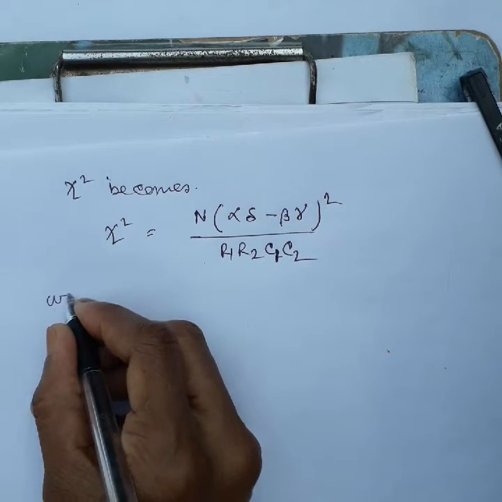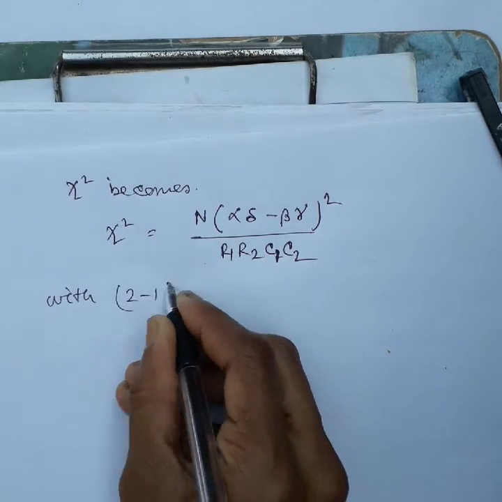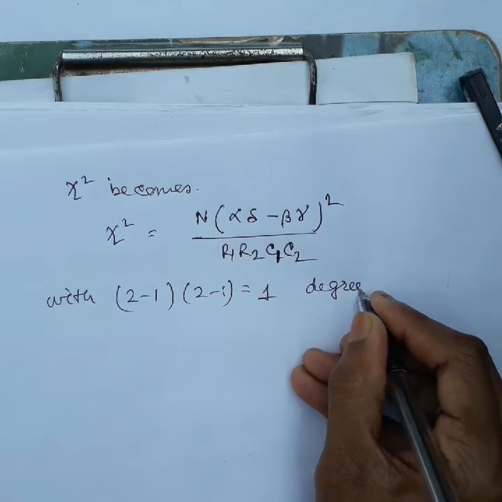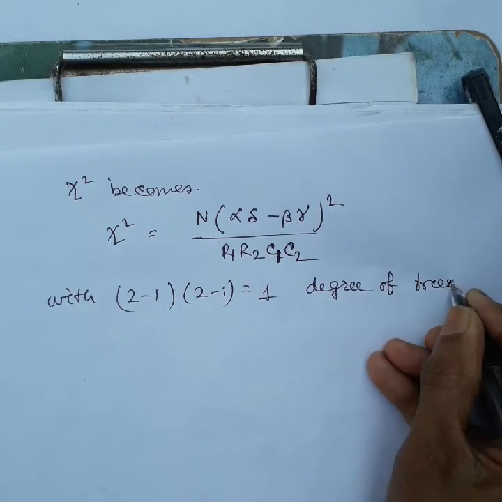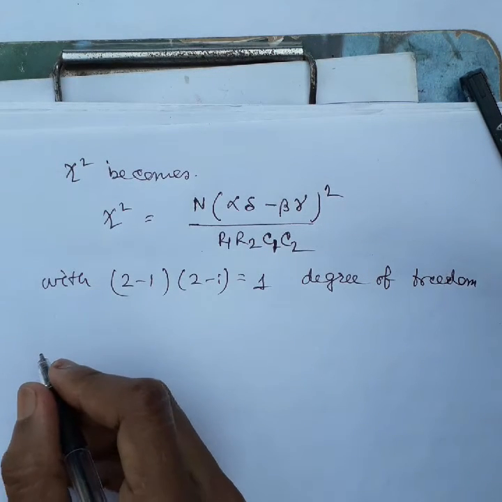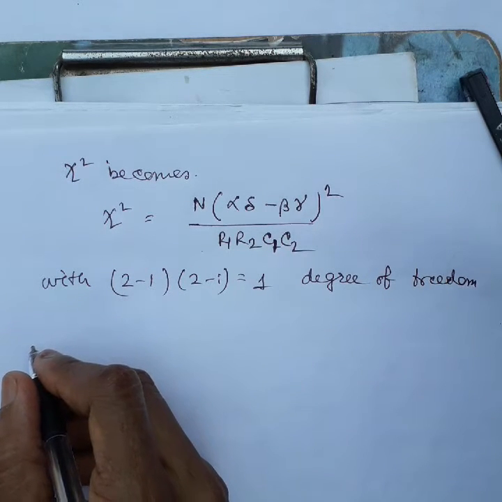Okay, with (2 minus 1) into (2 minus 1), that is 1 degree of freedom. Okay, but a correction is necessary since the degree of freedom becomes 1.